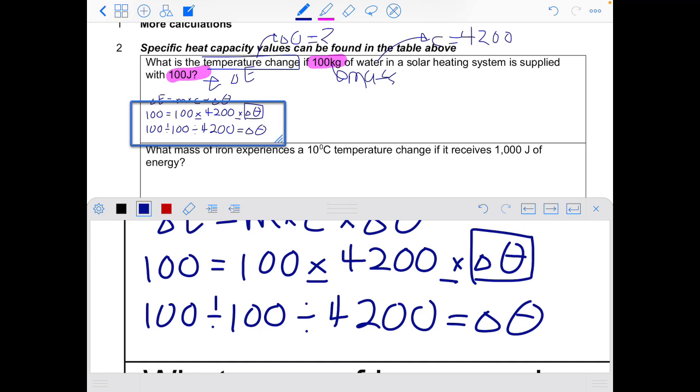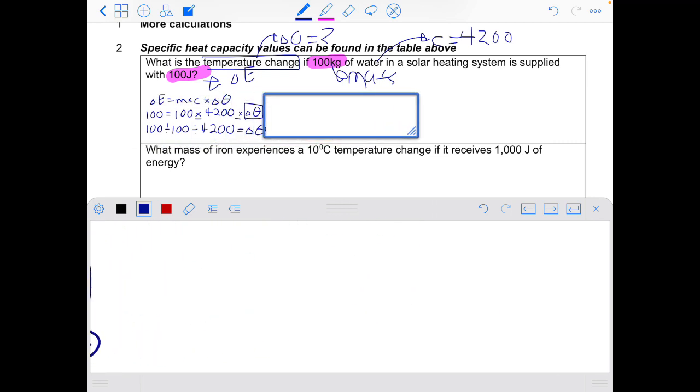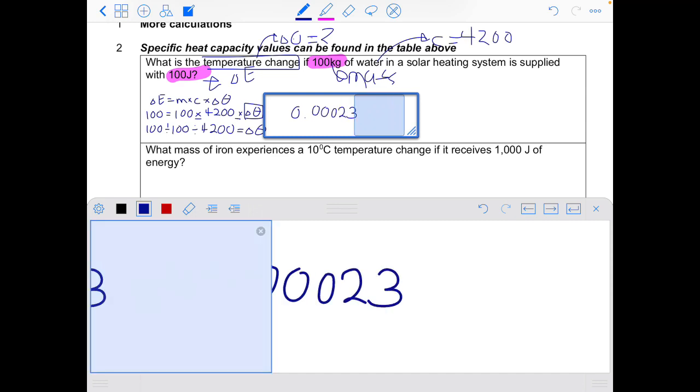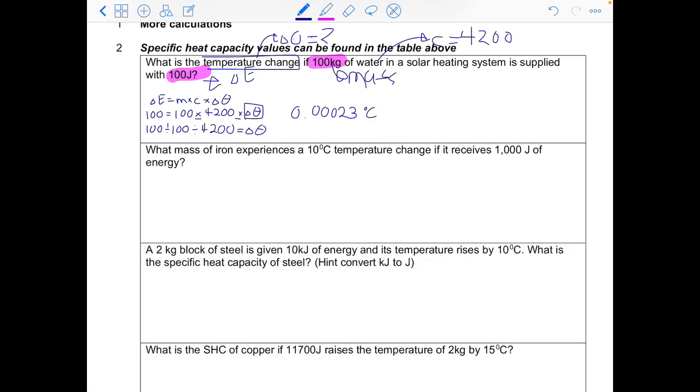So we plug that into our calculator, and we end up with a very, very small number. So we end up with 0.00023 degrees Celsius. All right, because remember, no units, no marks.